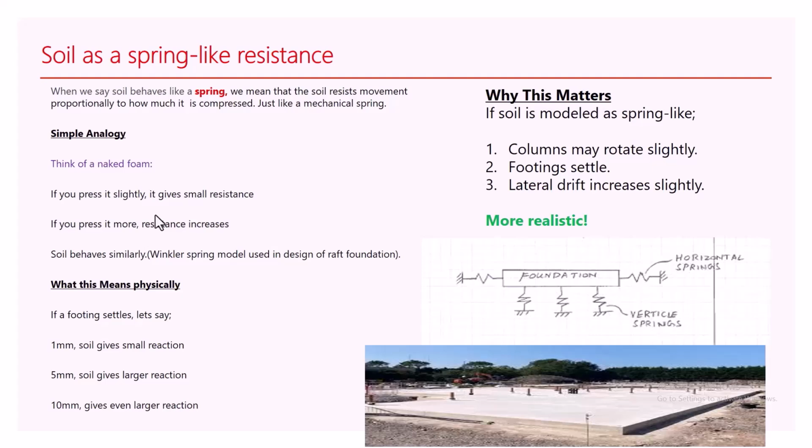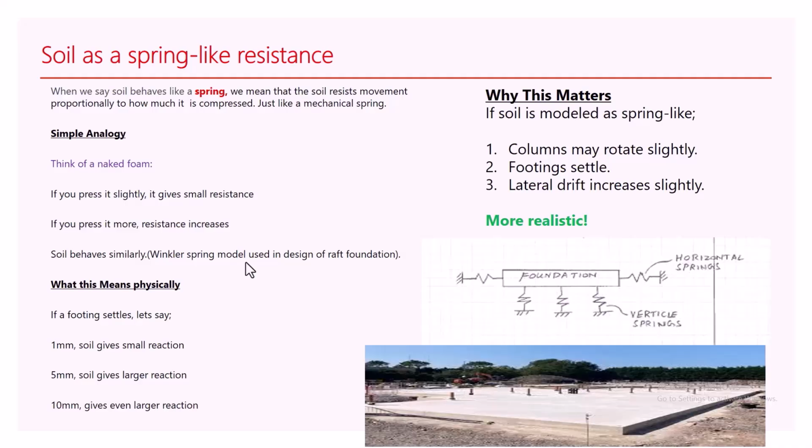If you press it slightly, it gives some resistance. If you press it more, resistance increases. Likewise, the soil behaves that way, and that is the idea behind the Winkler spring model. We use the Winkler spring model in raft foundation design, on the analogy that the soil behaves like a spring.